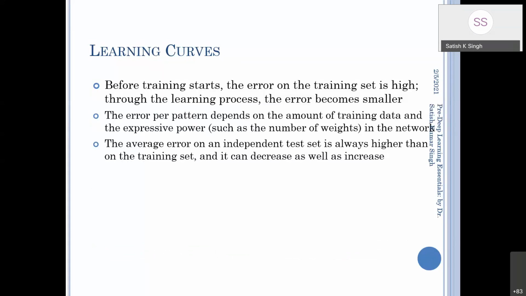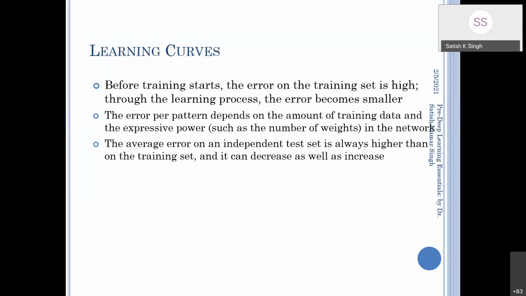What does it mean? We have trained the model and slightly unknown samples are being presented. If your system has excellent generalization capability, then obviously the testing error should be as minimum as possible. But if the generalization capability is not good enough, which will happen after some time, although the training error will keep on decreasing, after a certain time, due to bias, the generalization capability will start to be lost.